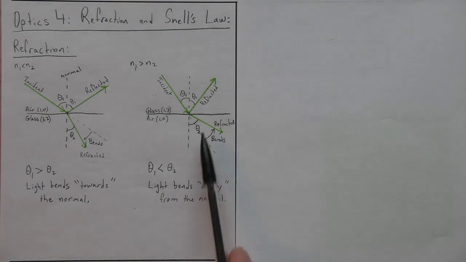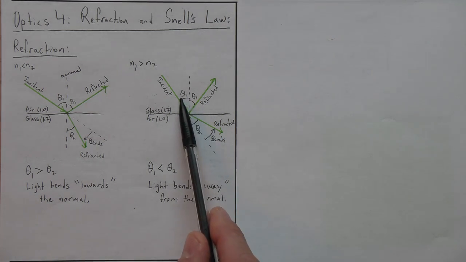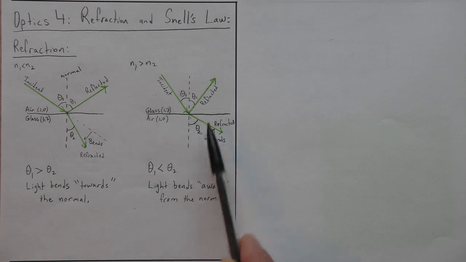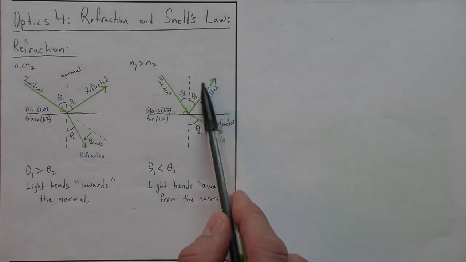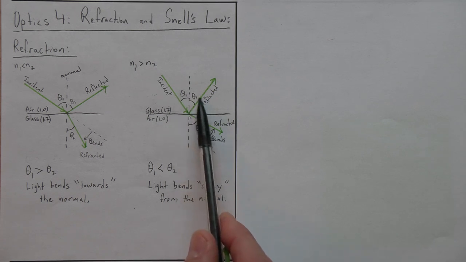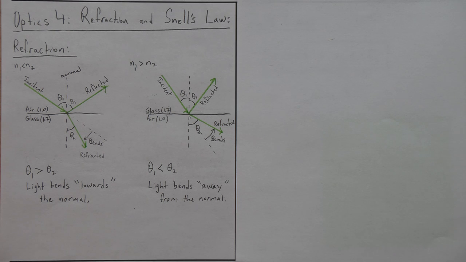So that's the bending action. That means that theta 1 is now less than theta 2 because this increased. And again, some of the light is reflected perfectly according to the law of reflection. So that is what refraction is, that bending of light. Take a minute, pause the video, and copy this in your notes to the best of your ability.